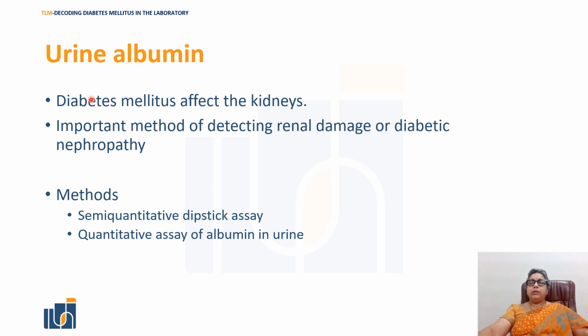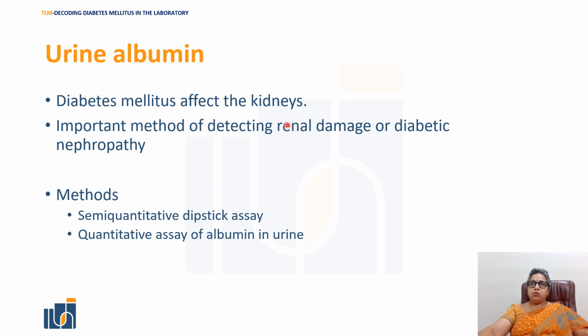Now, we all know that diabetes mellitus is all-consuming. It can affect any organ, and therefore it can give rise to any kind of damage in any organ, small or big. And one of the most commonly affected organs is the kidney.